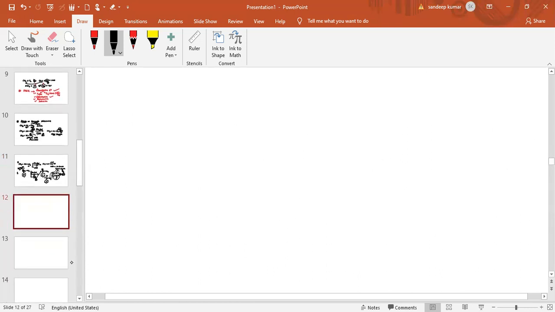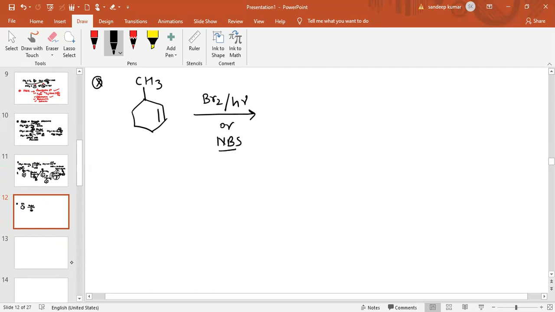Now see another question based on this. If a compound is given like this, this is double bonded and this is CH3. Now when you add Br2 in presence of sunlight, or you can say we are using NBS, this is also an allylic position, and this is also an allylic position.